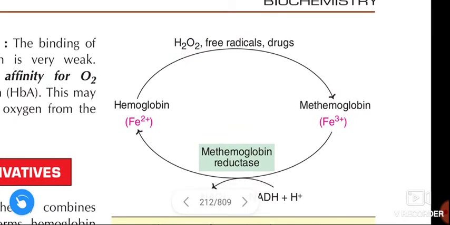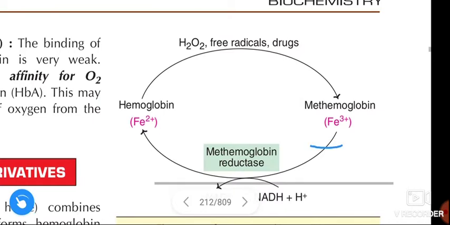Methemoglobin, which has the Fe+3 oxidation state of iron, is unable to bind to oxygen. Instead of oxygen, a water molecule occupies the site of the oxygen in the heme of methemoglobin.